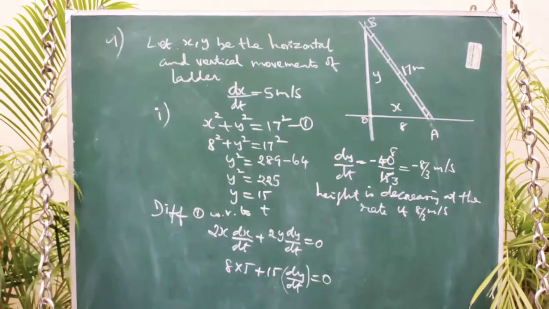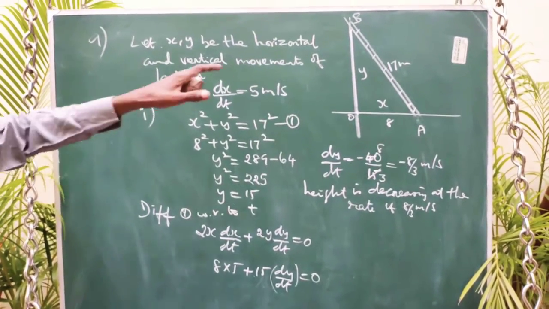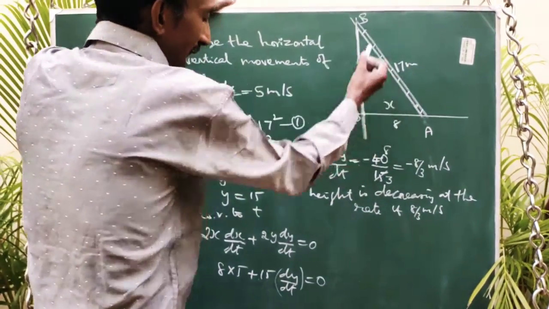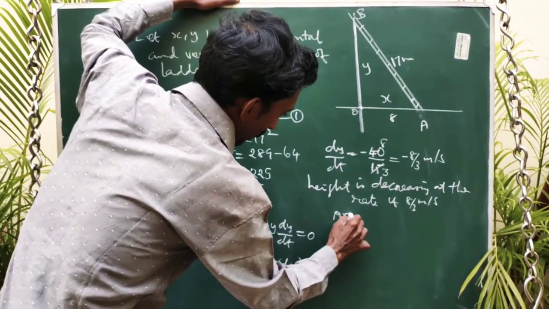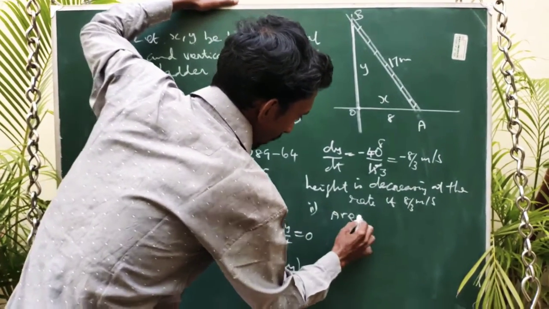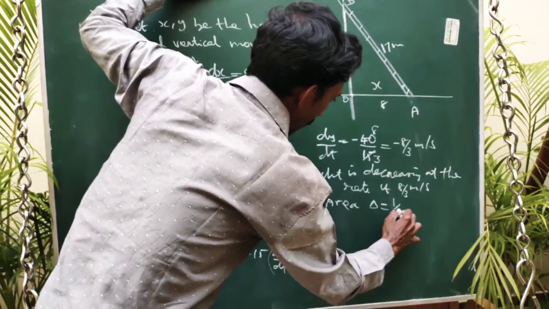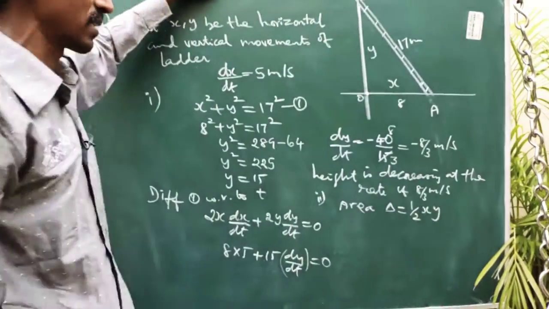Second subdivision: our aim is to find the rate of change of the area of this triangle. So area of the triangle, delta equal to half into base into height, so half into x into y.